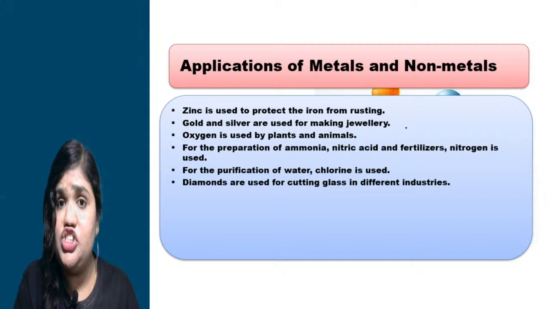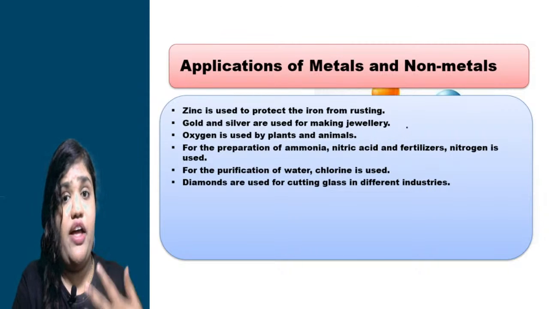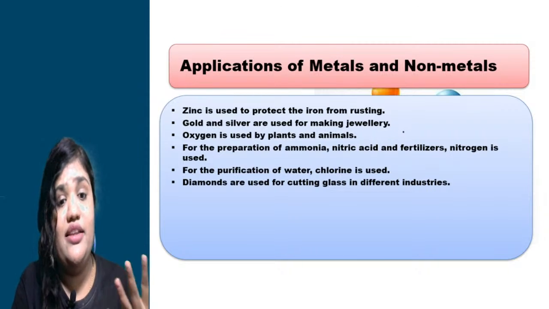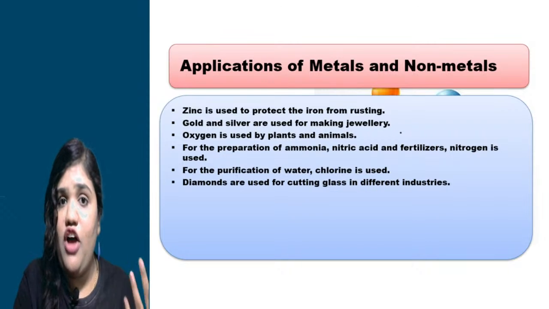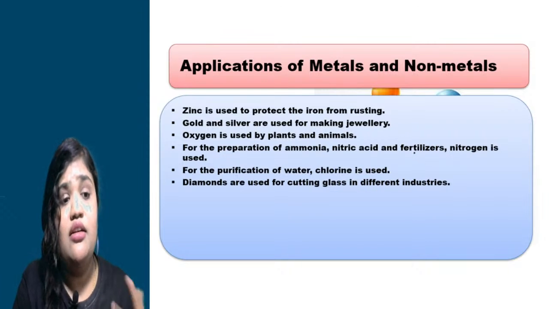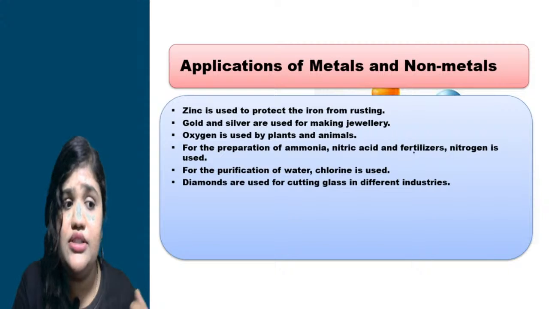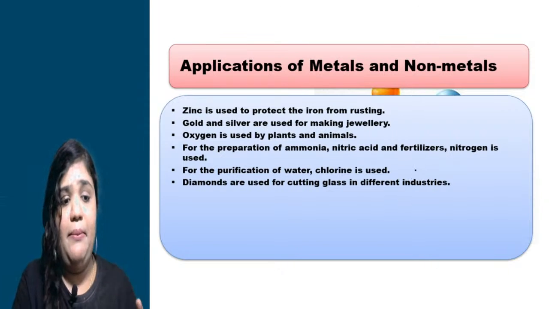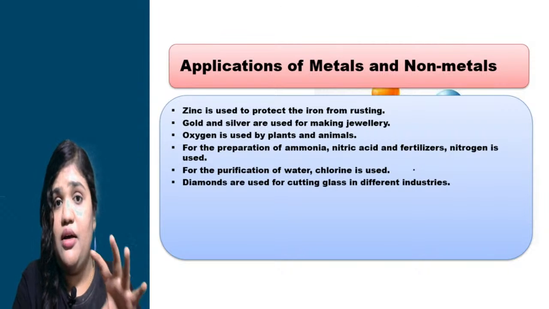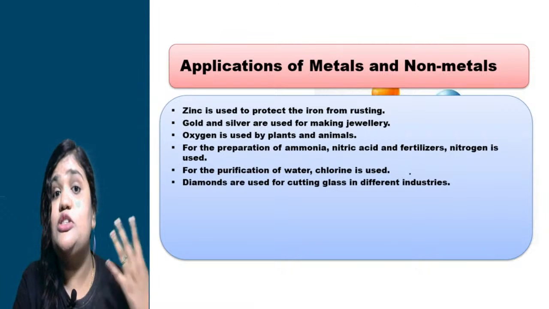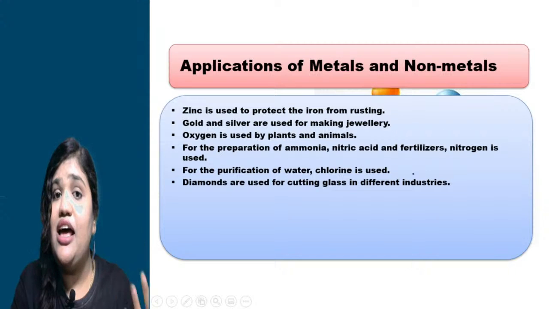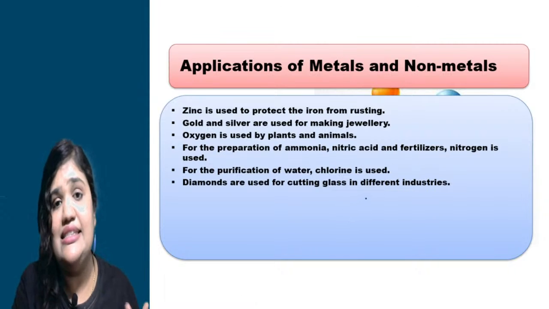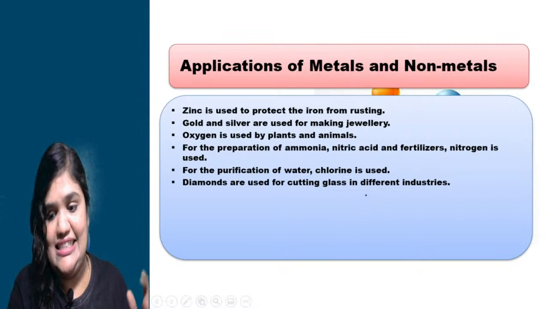You know that oxygen is a non-metal which is very important for all living things, right? For the preparation of ammonia, which is a fertilizer, nitrogen is used. For the purification of water, chlorine is used. Diamonds, you know, which is a form of carbon, is a non-metal. So diamonds are used for cutting glass in different industries.